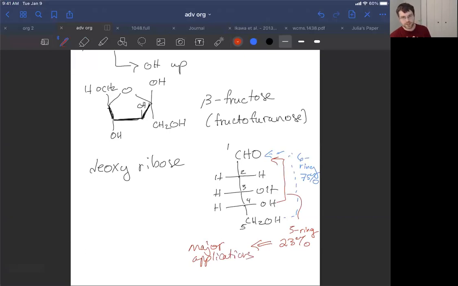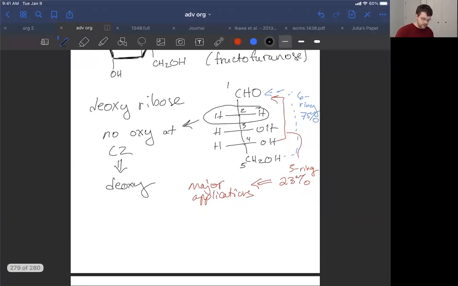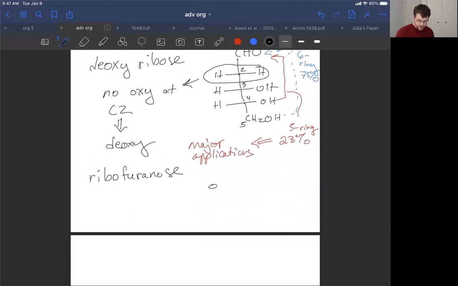So ribose is this 5-carbon aldose, a 5-carbon aldehyde-derived sugar, and this is deoxyribose because we don't have an oxygen at C2. So it's deoxy, whereas ribose would have an OH at that position. Okay, so if we form a ribofuranose, we could have our Haworth projection.